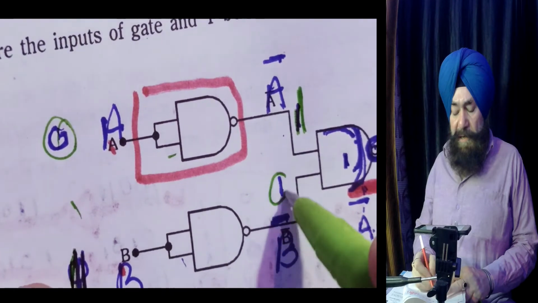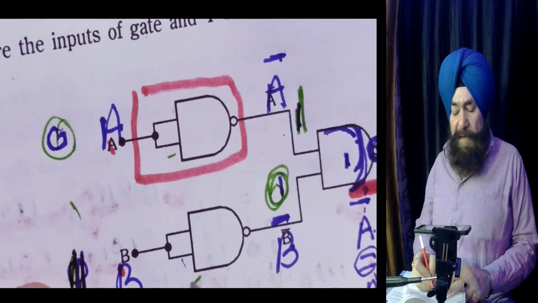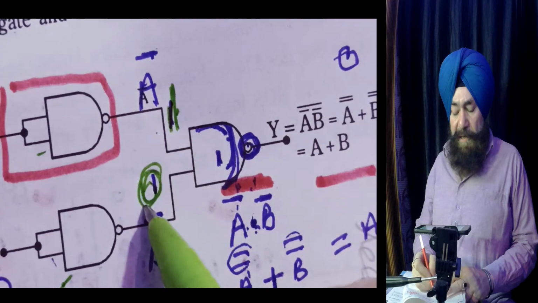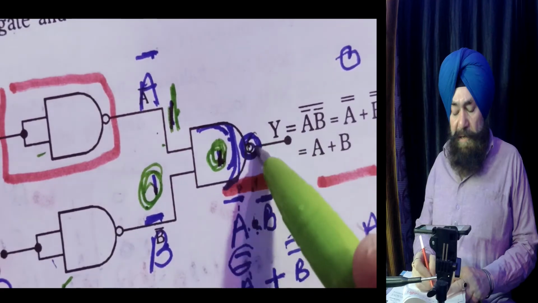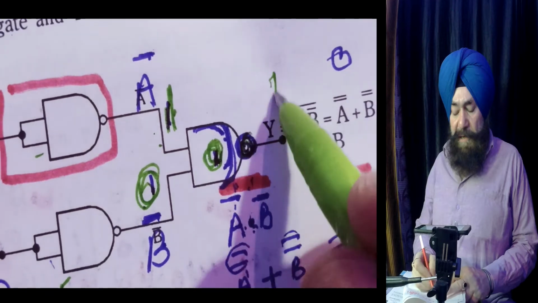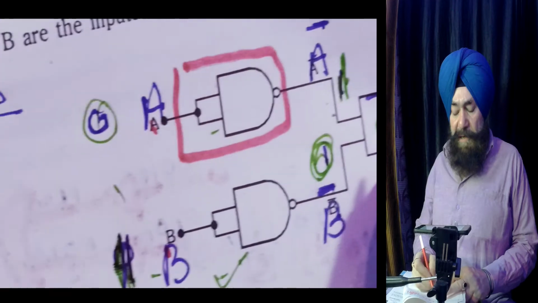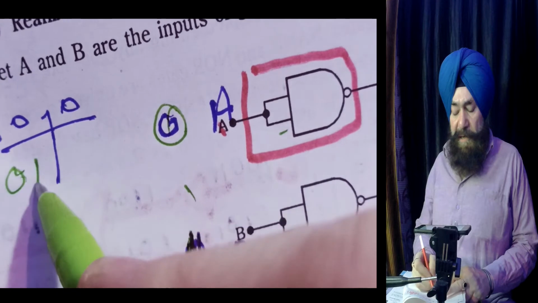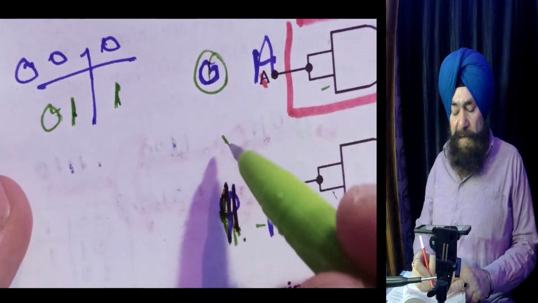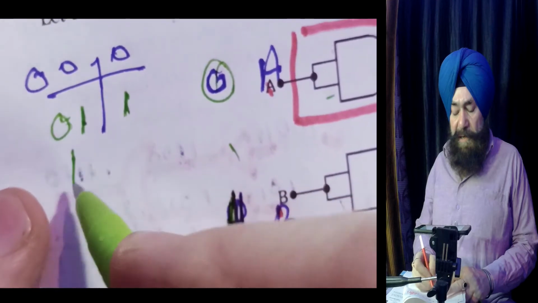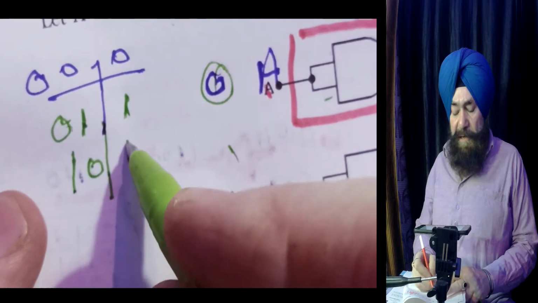This one becomes 0 because this is a NOT gate. 1, 0 AND gives 0, but this is a NOT, it turns to 1. So 0, 1 is 1. Now 1, 0 you do yourself, there's again 1.